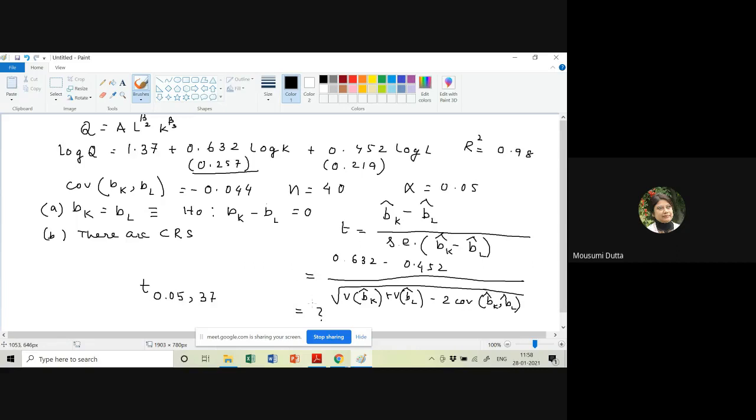Anyone could complete this by this time? What will be the value of this t statistic? Anyone, any doubt, any question?